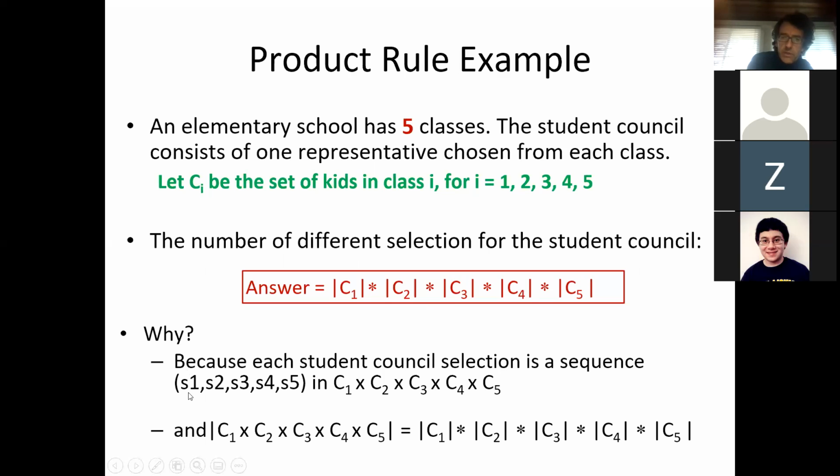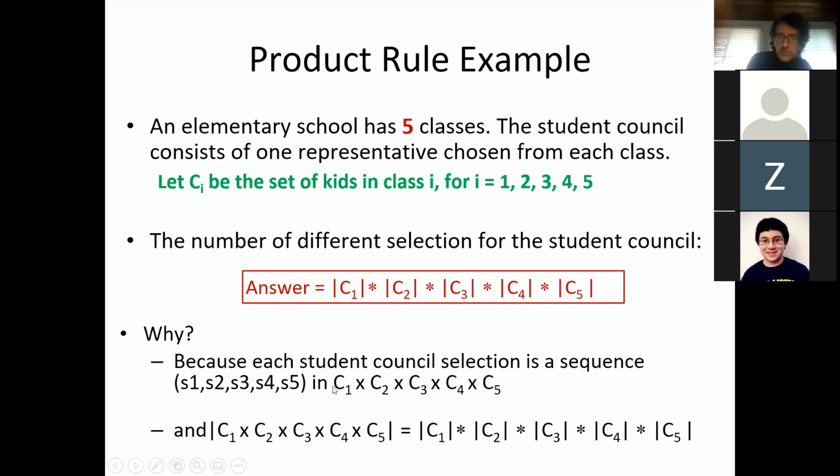A student council, however you order these guys, you will order them so that first is the representative that belongs to C1. Second is the representative that came from class C2. Okay, and so a council is a sequence in this.